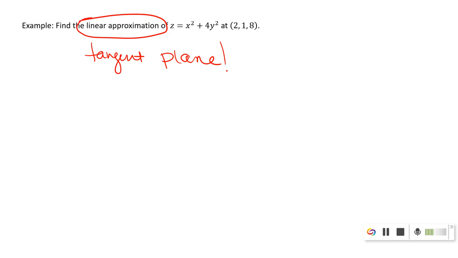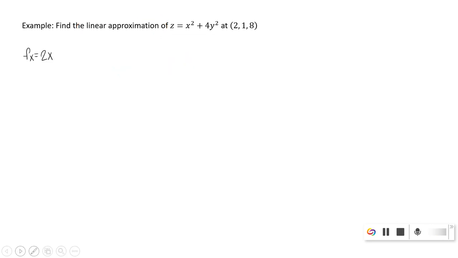That's all it's asking you to do. And so we can find the tangent plane using the exact same method you saw in the previous examples. Or we can use the slightly different formula that I just showed you. And so let me use the different formula, show you how it's the same.